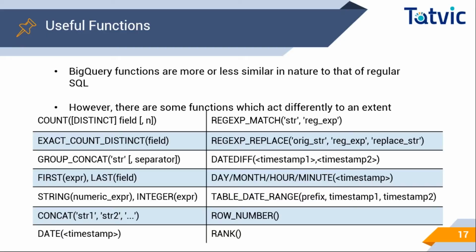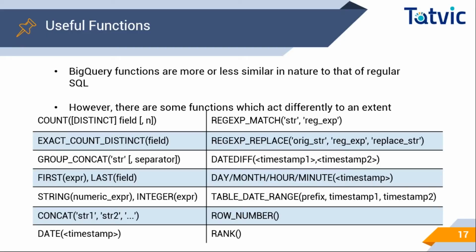When you do exact count distinct, it will automatically give you only the exact unique count of that particular field, whatever you have passed in as a parameter. Then comes group concat. Let's say I have multiple pages. If you remember the query that Pankaj was showing earlier, wherein we were showing the sequence of pages, what we do is tell it to group all these field values based on a certain key.